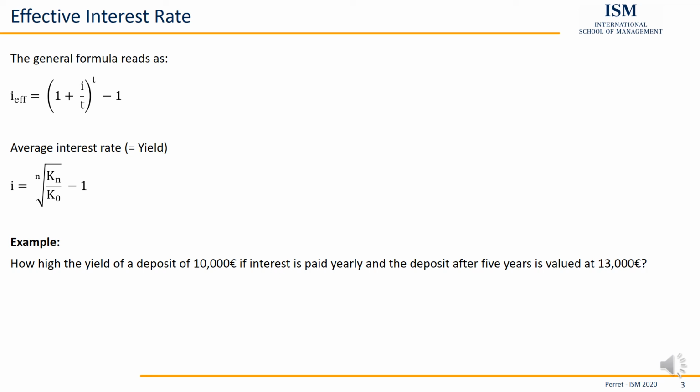So the question could be, what's our average interest rate? For this, we simply take the fifth root of 13,000 divided by 10,000 minus 1, giving us 0.054. So the average interest rate in this investment would be 5.4%.